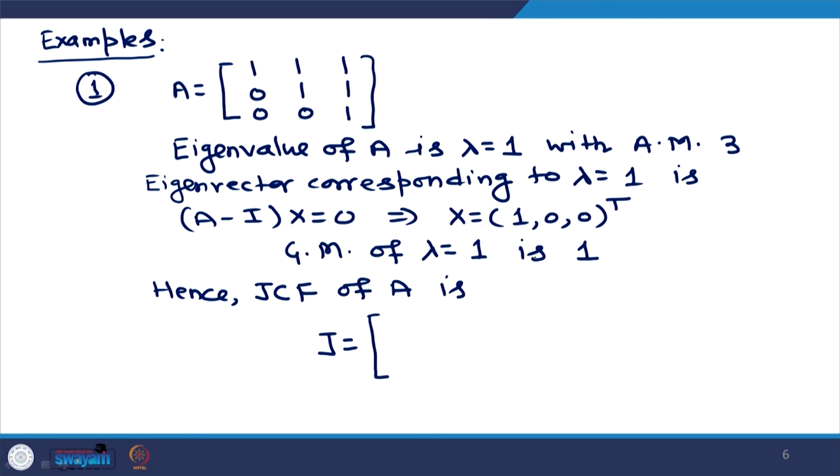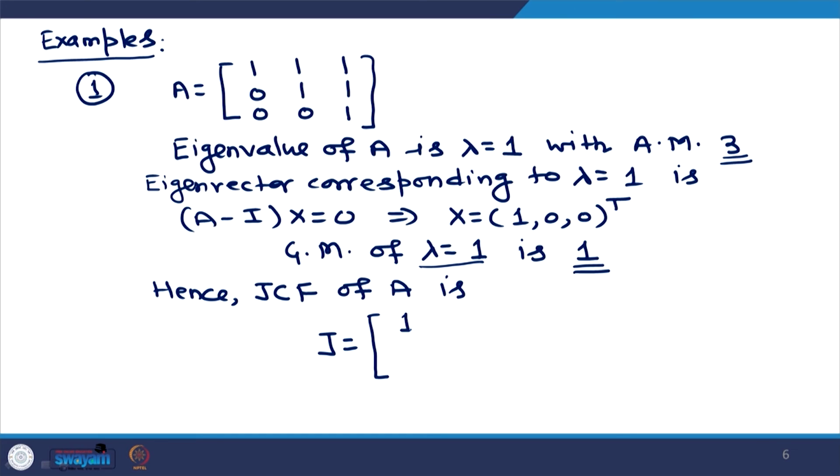So, what is the number of Jordan blocks corresponding to lambda equals 1? That is 1. And algebraic multiplicity tells you the total size of the Jordan blocks corresponding to eigenvalue lambda equals 1. So, here one Jordan block and size is 3.